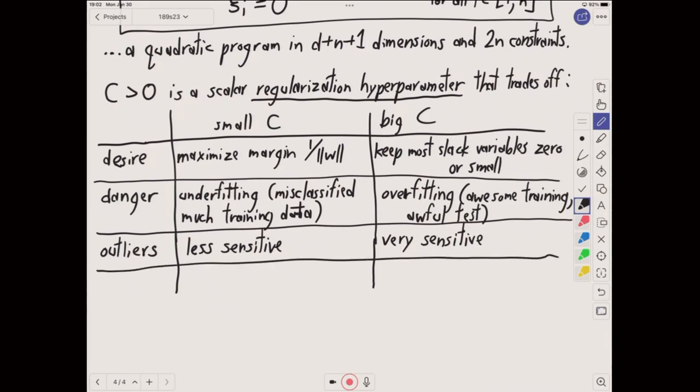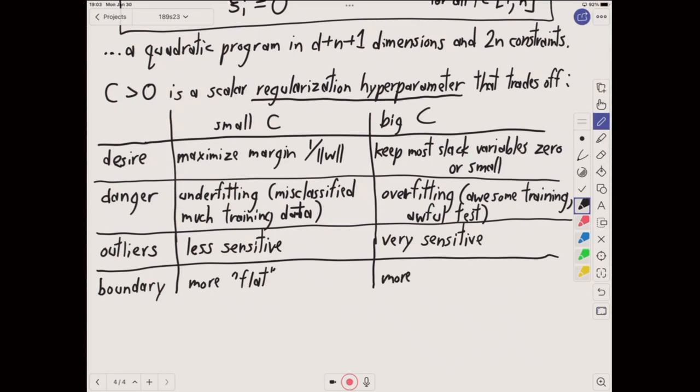I want to say something about what kind of boundaries you get when you use nonlinear features. So this won't make sense yet, but the second half of this lecture is going to be about features, how we can use linear classifiers to get non-linear decision boundaries. So suppose you're doing something that gives your linear classifier a nonlinear decision boundary. What you'll tend to find is that if you make C small, you're more likely to get a flat decision boundary, or at least one that curves slowly, small curvature.